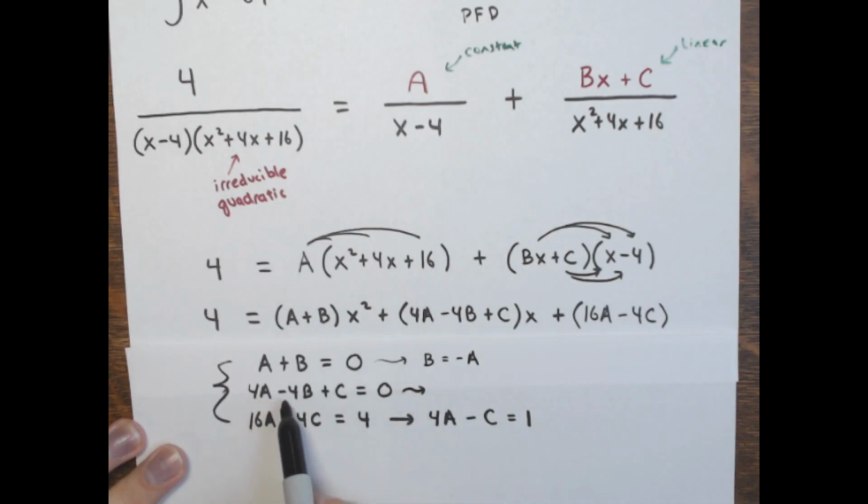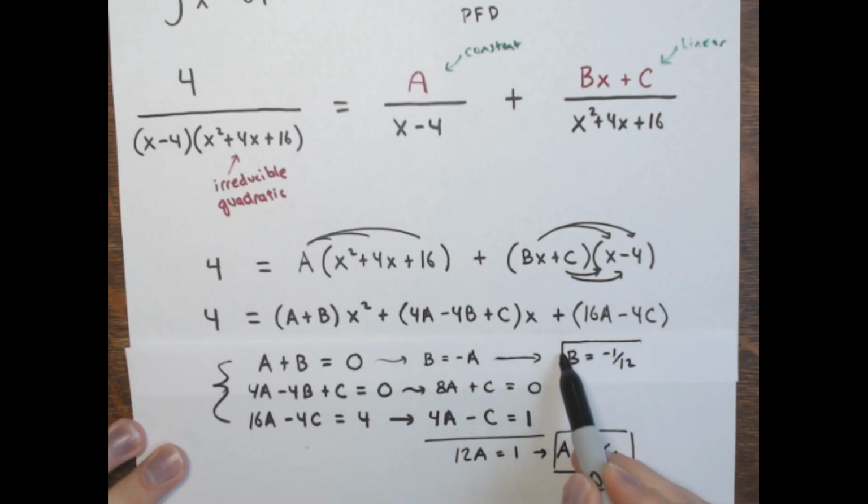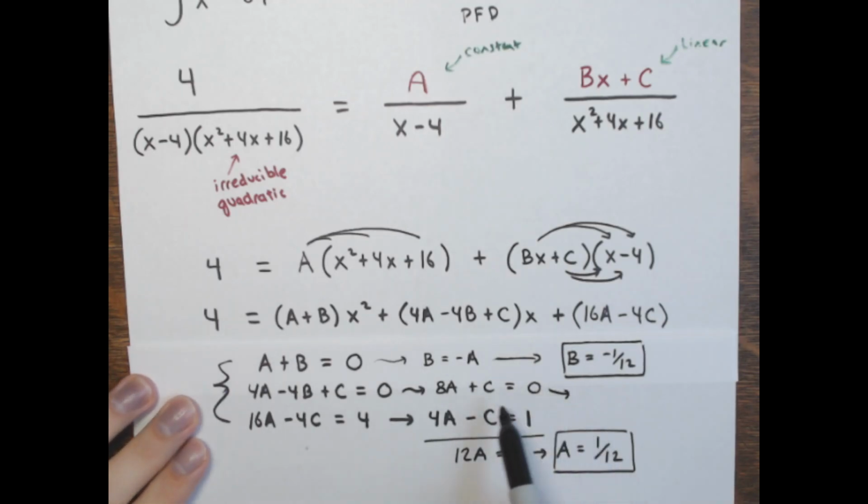We have 4A plus another 4A, so that's 8A plus C equal to 0. And then I see in these equations the C's are opposite, so if I add these equations together, we get 12A on the left equals 1 on the right, so A must be positive 1/12. And then B must be negative 1/12, because A and B have to be opposites. And then from this line, C is negative 8A, so negative 8/12, which is negative 2/3.